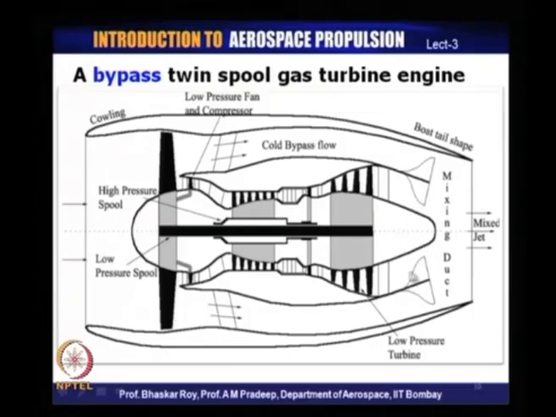Now, towards the exit of this propulsive device, as we have seen, we have a cold bypass flow in this bypass engine, and we have a hot inner flow or a core flow, and then there is a mixing over here. This mixing needs to be done very uniformly, so that the jet that comes out has a uniform temperature and pressure at the exit face.